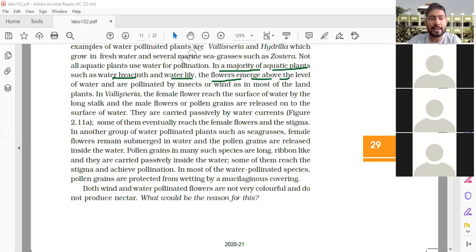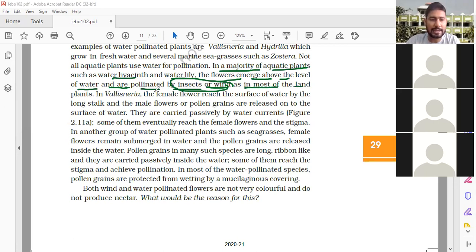I told you why they have such type of pollination: because the flowers emerge above the water and are pollinated by insects or wind. So insects and air can come. In this way, water hyacinth and water lily show this type of pollination.